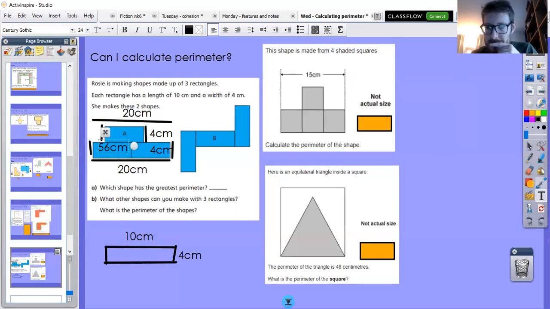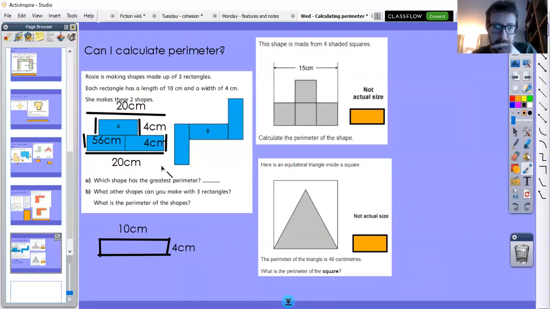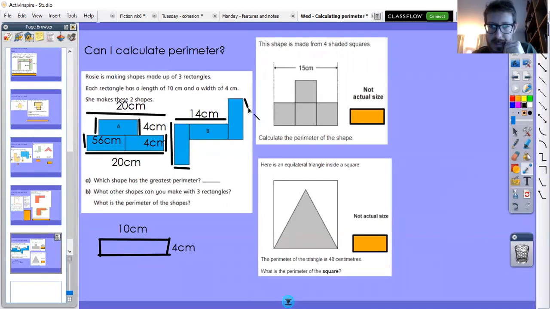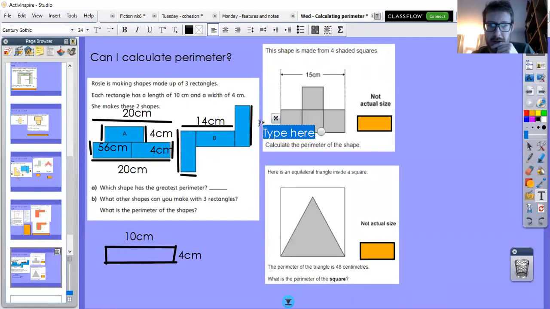And then this one, we'll go with this one. So we know that that one's going to be 10. We know that this will be 4. We know that this will be 4 plus the 10, so that one will be 14. We know from there to there will be another 10 centimeters.